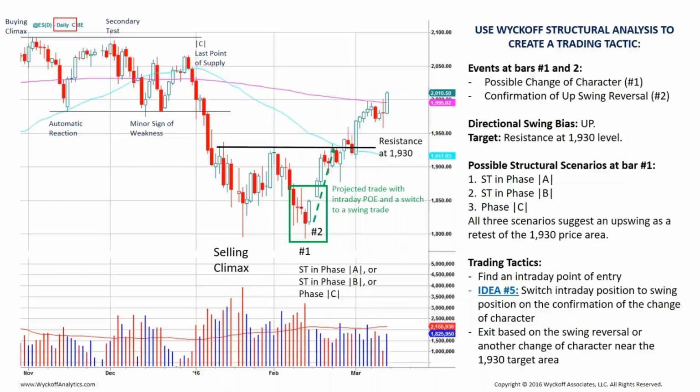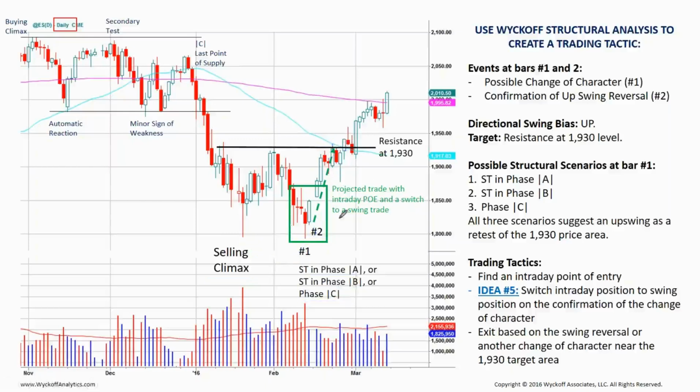So here is that recent situation. Again, if we're thinking here on the daily basis, what is happening in this area relative to this low? If this is a climax, then we're thinking either that's going to be a secondary test in phase A, or a secondary test in phase B, or phase C. In all three cases, we are expecting a move to the resistance area.